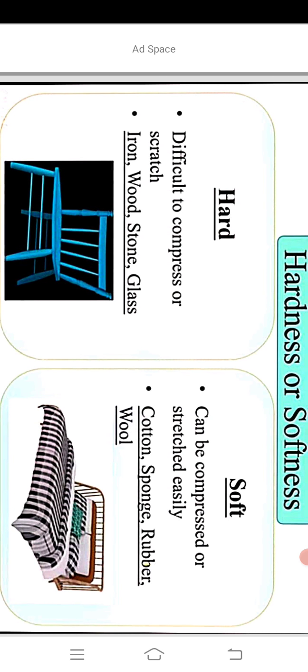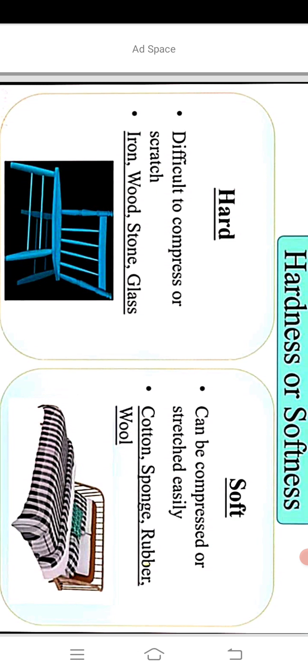So materials which can be compressed or stretched easily are called soft, while some other materials which are difficult to compress are called hard.